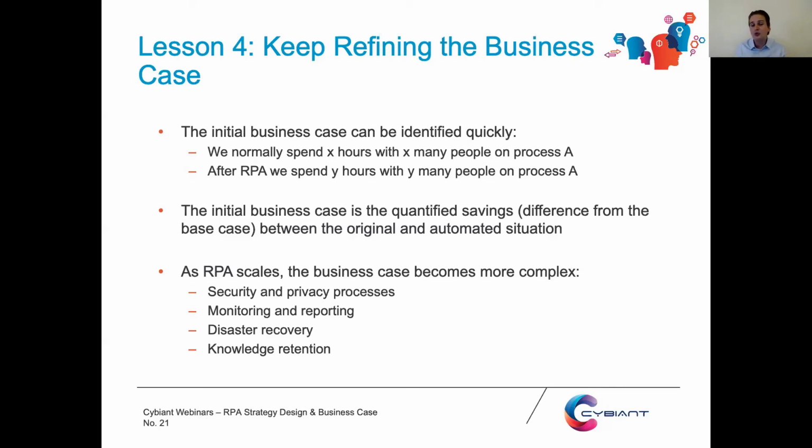So as you go through your RPA implementation journey and you start executing your strategy, you always need to keep refining your business case, both on a financial aspect as well as a non-financial one. So you always need to ensure that the amount of effort that you put in is in the end worth it from a financial point of view.